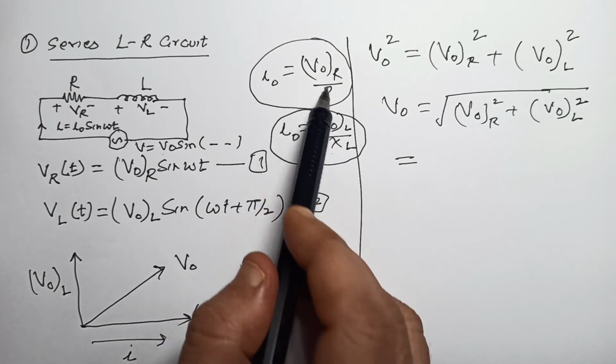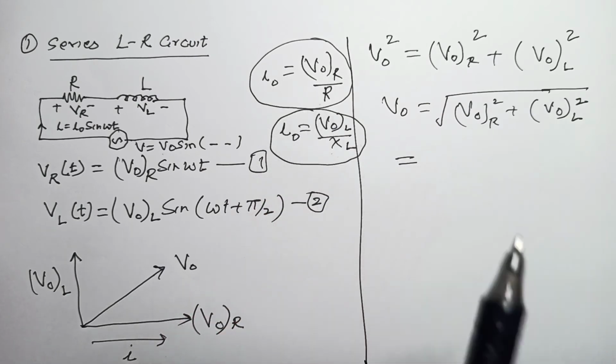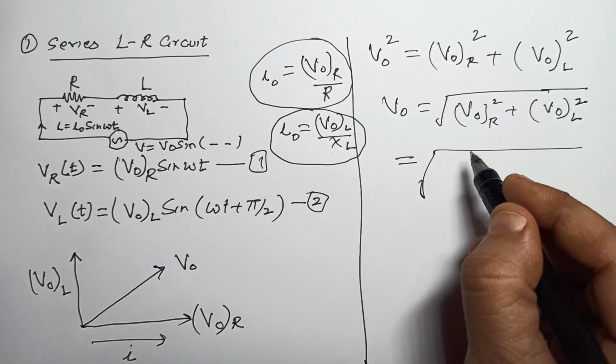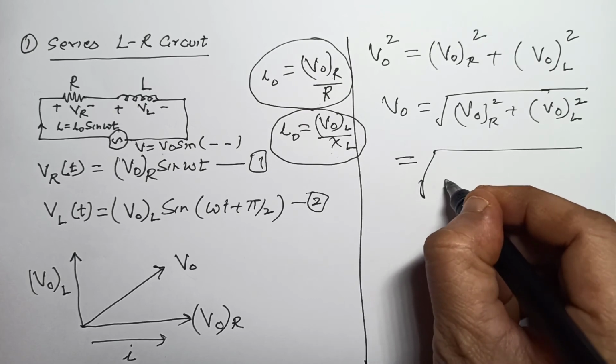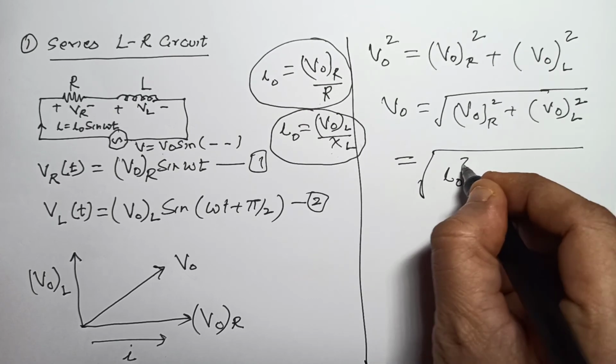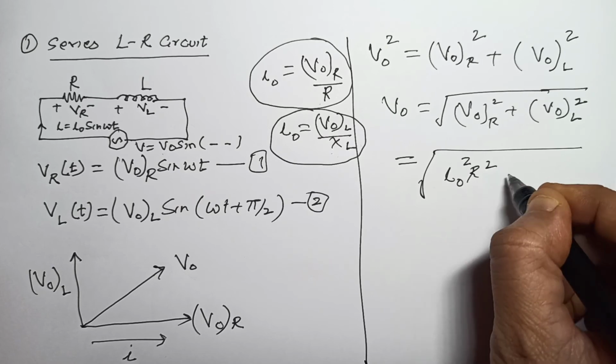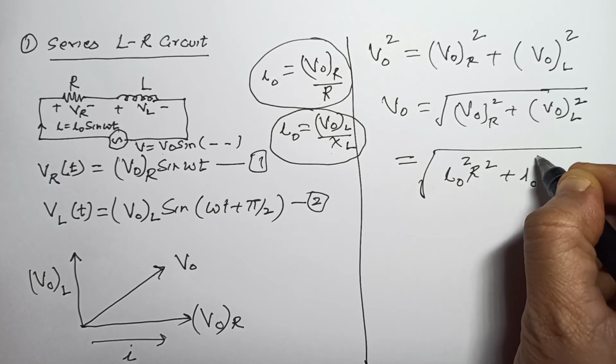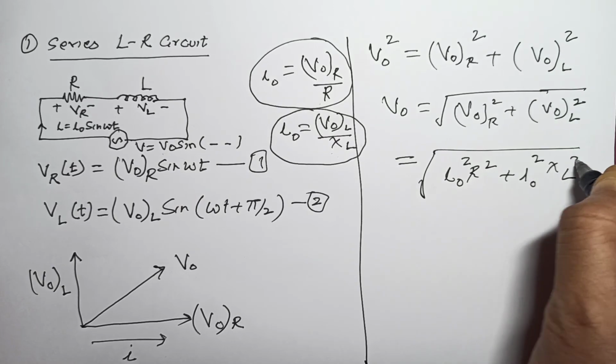Now if we replace these two values in this, we can see that it is I naught square R square plus I naught square XL square.